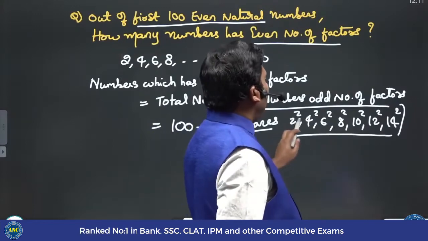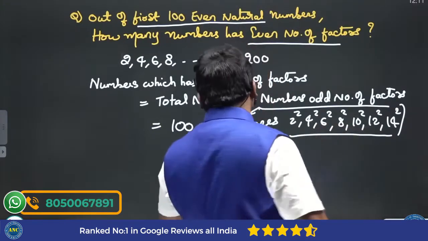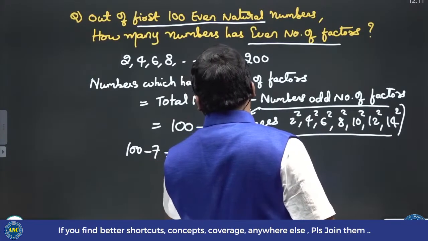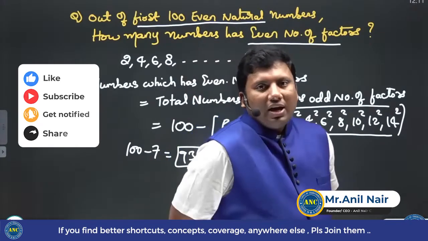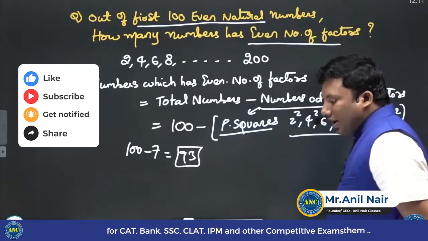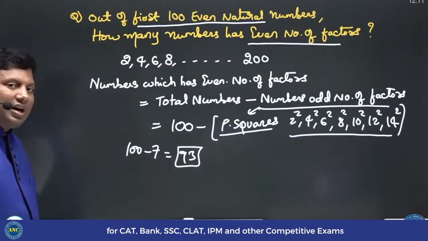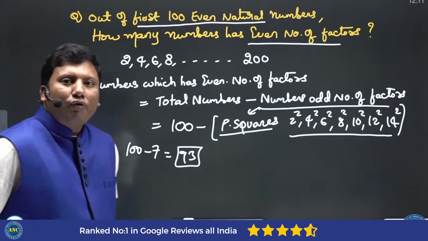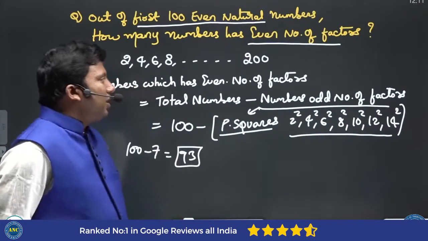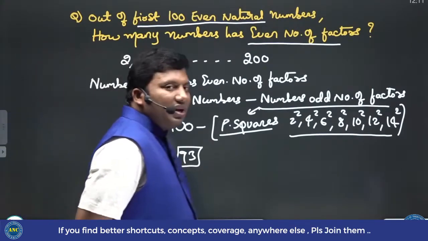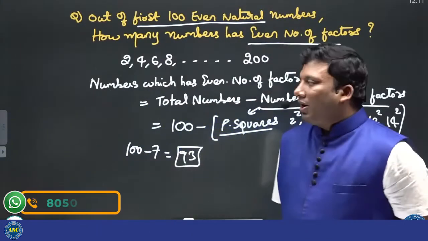Totally, how many are there? 1, 2, 3, 4, 5, 6, 7. 100 minus 7, so the answer for this question will be 93. The first 100 even numbers are 2, 4, 6, 8, and so on up to 200. I require the numbers which have an even number of factors.